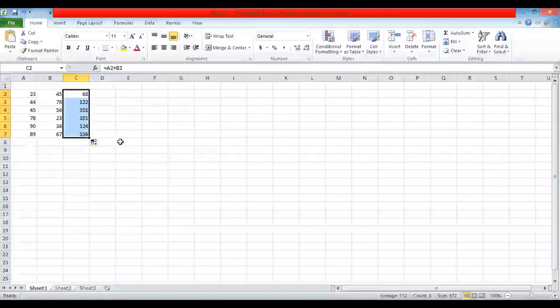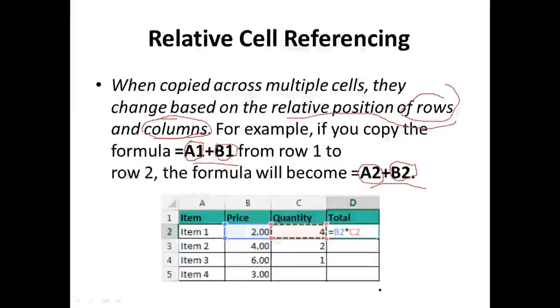Yes. So this process is what is known as, we are trying to replicate the formula. Replicate.